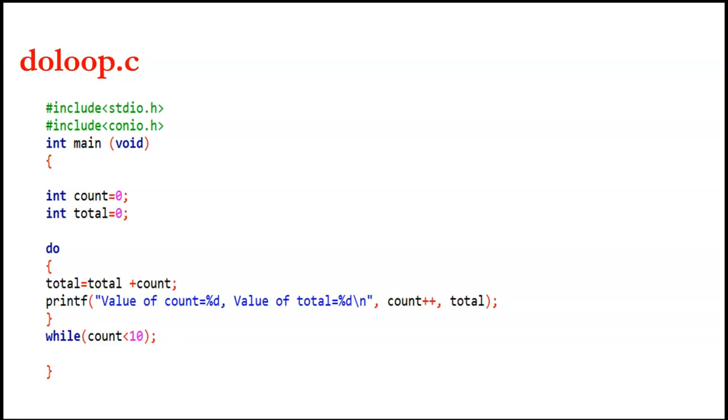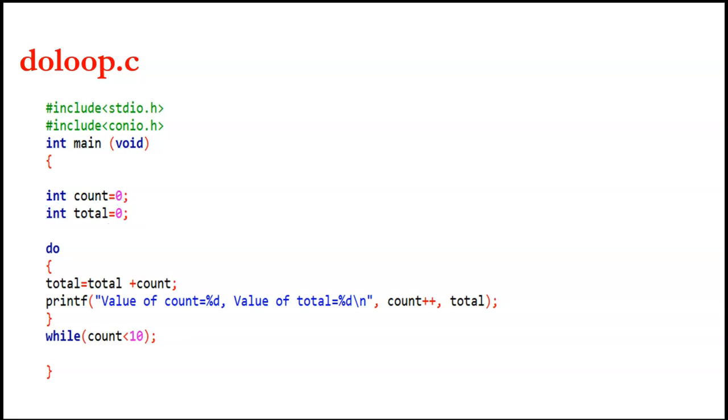Then we have the total variable which is also of the type integer, and we have assigned it the value 0.